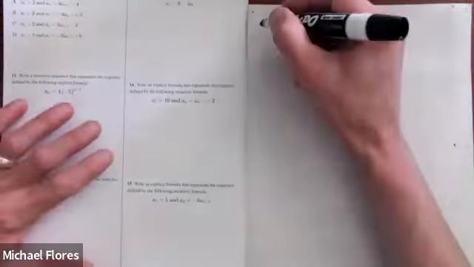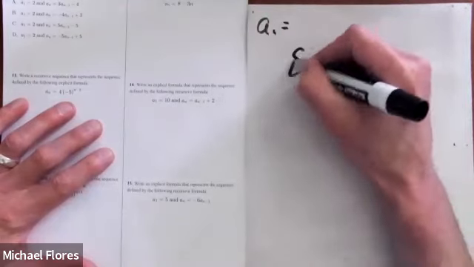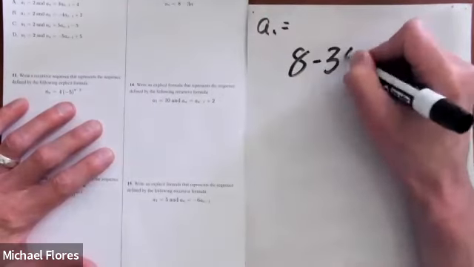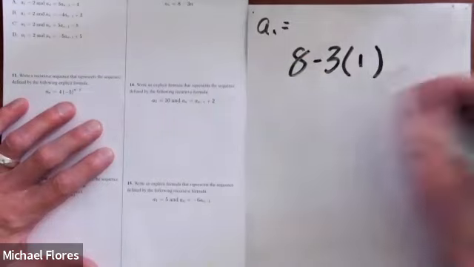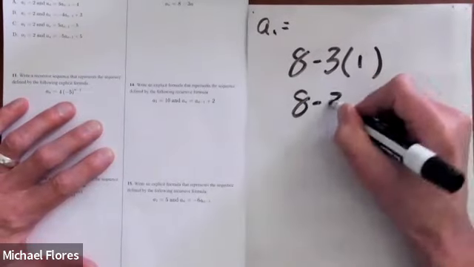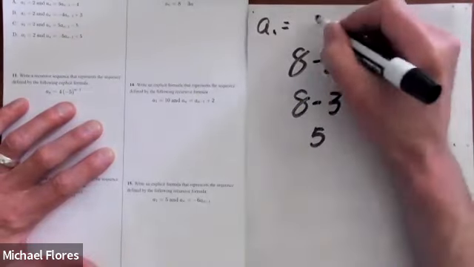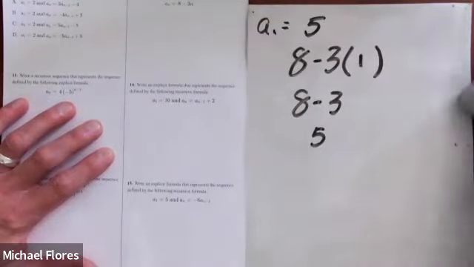We want to do the same thing here with example 13 to figure out what the first term is. Let's take the current formula and everywhere we see an n, plug in a 1. So this series begins with the number 5.